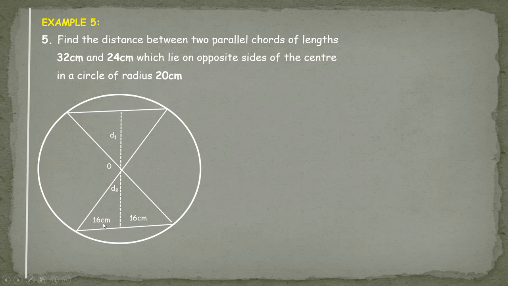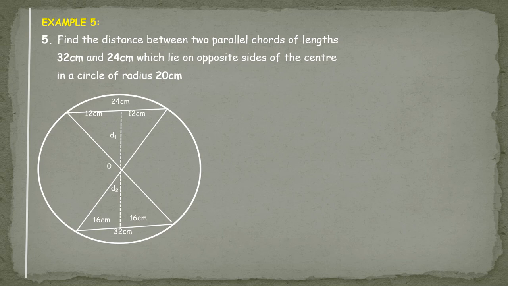Similarly, we shall apply that on the second chord. It is 24 centimeters, so once I divide the 24 into 2, I will have 12 from this point up to this point, and I also have 12 from this point up to this point. So now that gives us our real sketch.